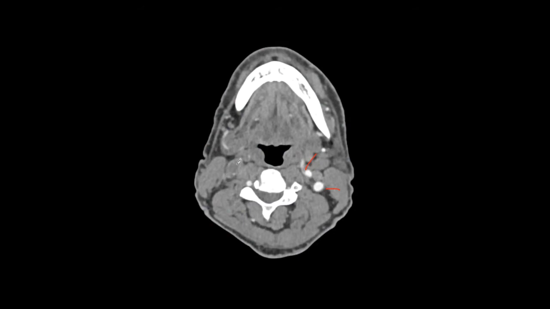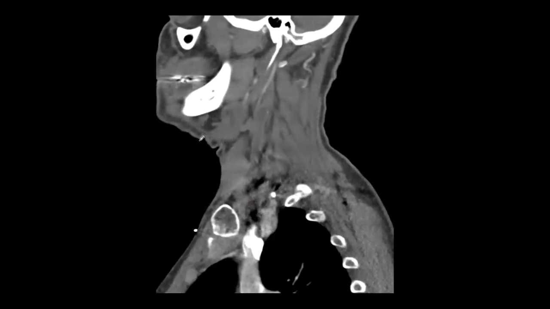So I do see something like a filling defect, something that's not enhancing but still bulbous in the region of the right carotid sheath. So that would be the abnormality. And if you want to double check, this is where it is on the sagittal plane.